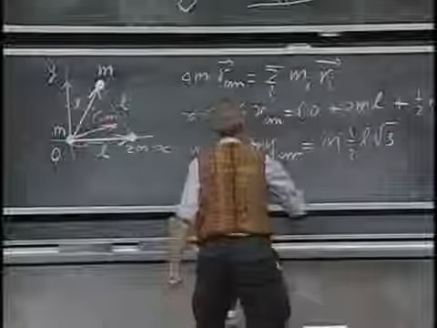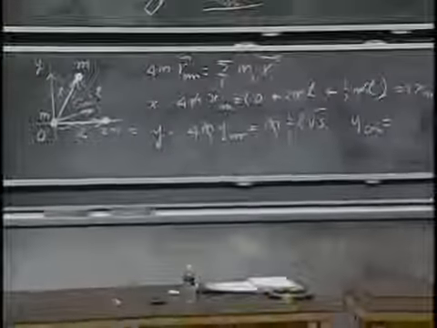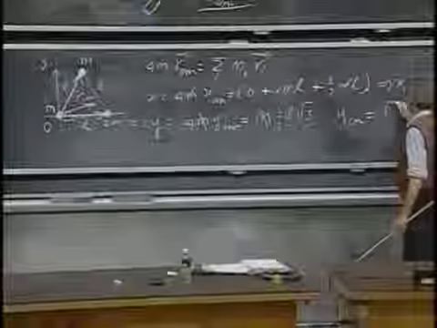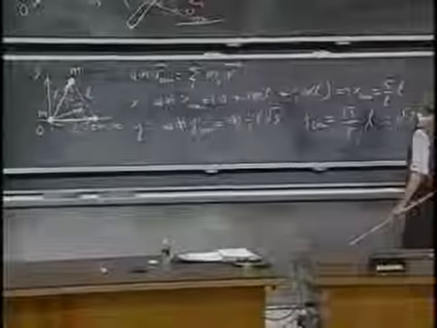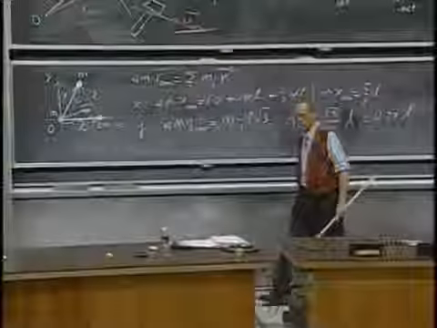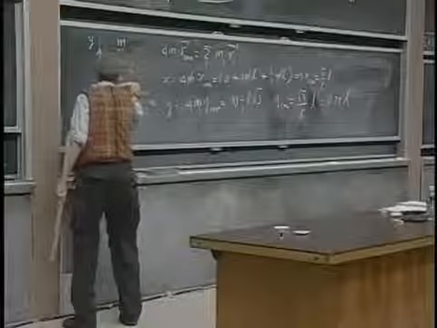And so you lose your m, and so you see that y center of mass then becomes the square root of 3 divided by 8 times L. And I think that's about 0.22 L very roughly. Yes. And so you see that we didn't put it in so badly.